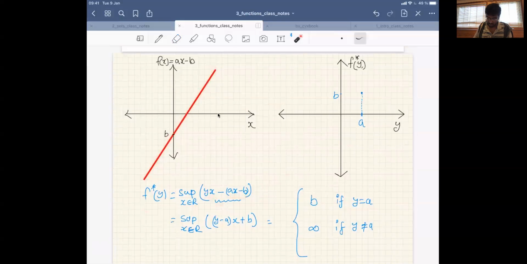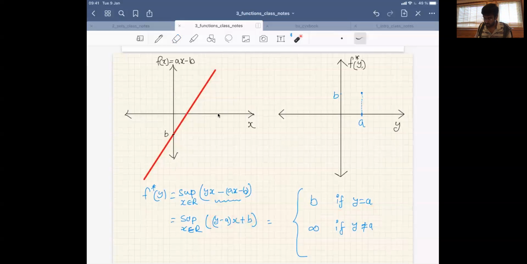In this case, I just rearrange this and we have (y minus a)x plus b. So what will be the supremum value of this? You know that when y equal to a, this term will be 0, right? In that case, it's a constant b. So supremum value or maximum will be b itself.